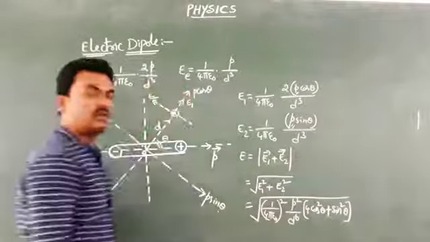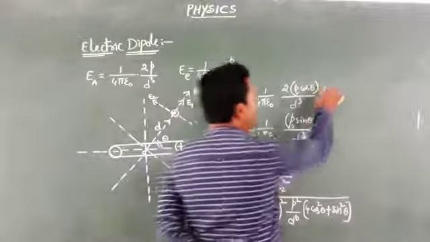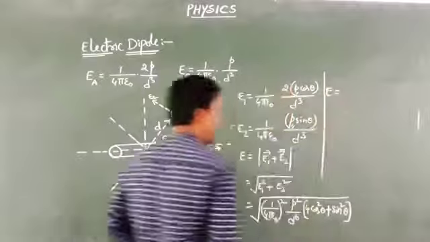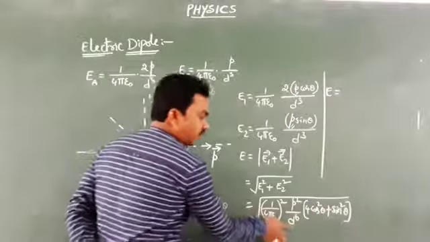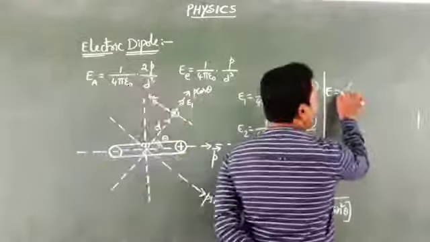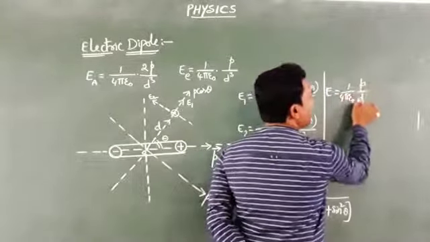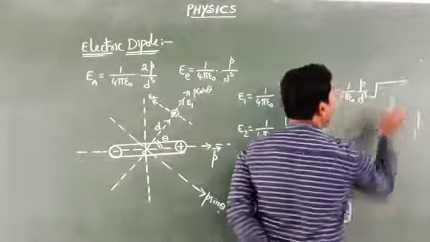I know you are smarter than me in the calculation part. So this field intensity E is equal to 1 by 4 pi epsilon naught, p will come out, d cube will come out because the denominator is d power 6. So 1 by 4 pi epsilon naught into p by d cube into something over square root.